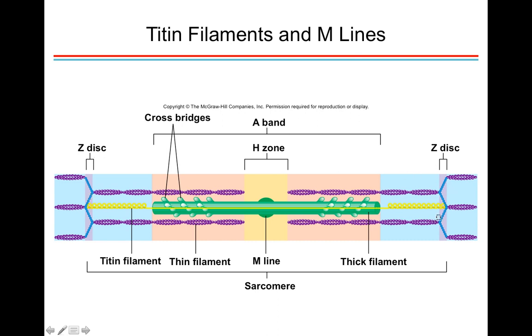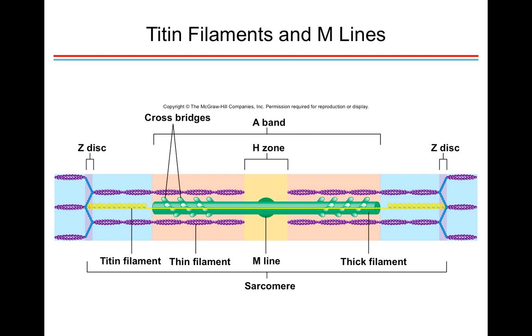In between, these purple beads represent actin. Actin is tethered to the Z disc. Then we have a titin filament, which is an elastic protein attached to the Z disc over here. Another polymer of titin over here is attached to the Z disc. And these are covalently attached to myosin in the middle, which is shown in green.